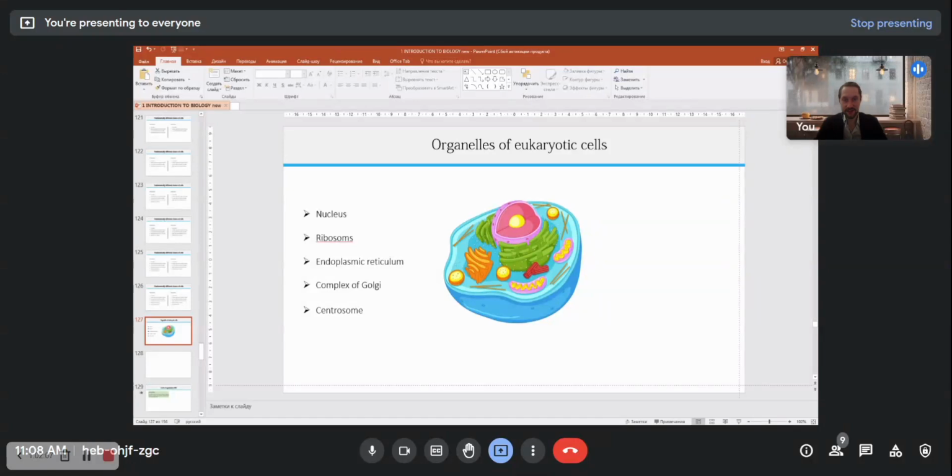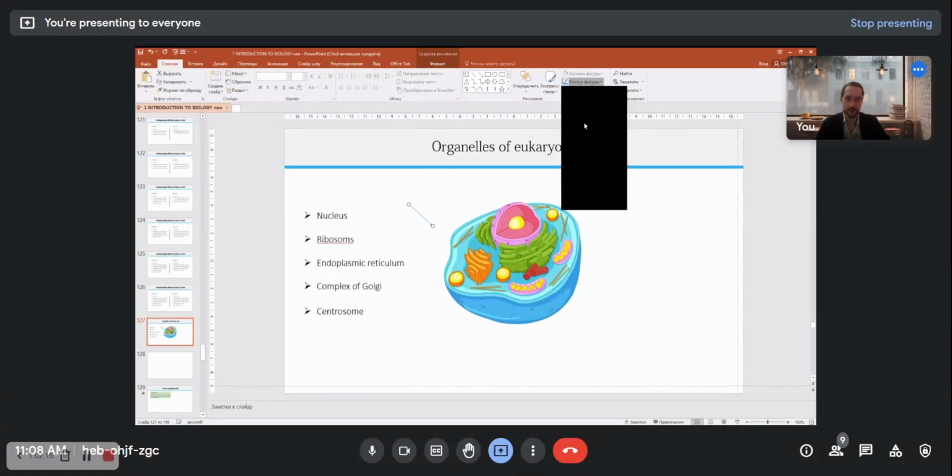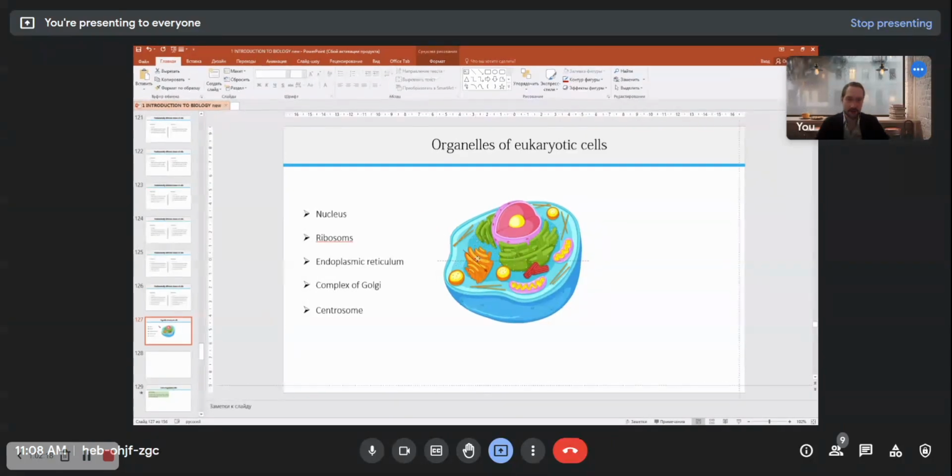Complex Golgi, that I will show you now, moment. Yeah, so this is the Golgi complex. It is also very important, actually all is very important. So the Golgi complex is kind of a post station.